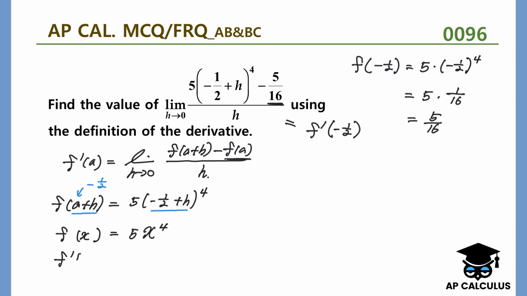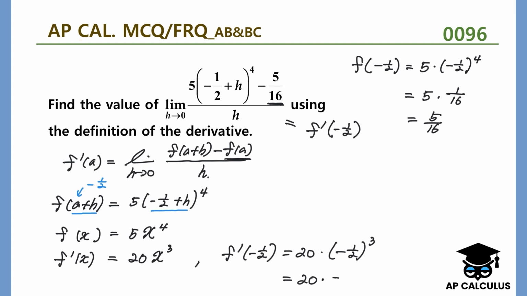Using the power rule, f prime of x is equal to 5 times 4, 20 x cubed, right? So what is f prime of negative 1 over 2? That's 20 times negative 1 over 2 cubed, which is 20 times negative 1 over 8. So that is equal to 4 times 5 over 4 times 2, negative 5 over 2. Negative 5 over 2. That's our answer.